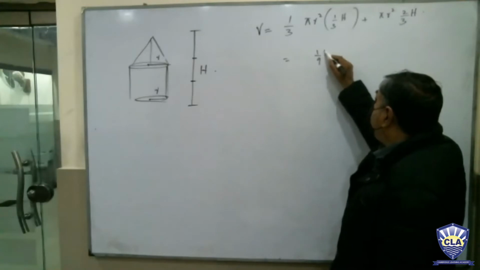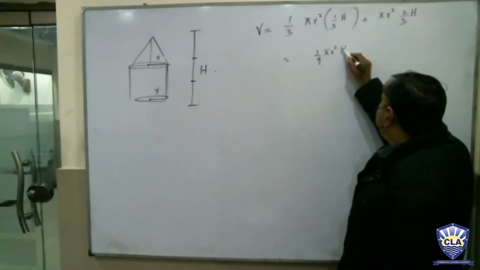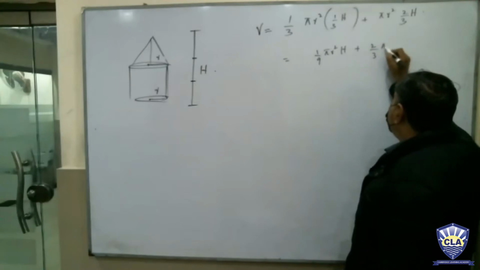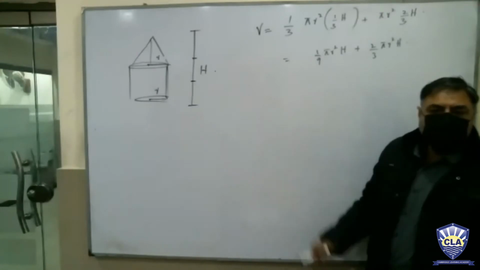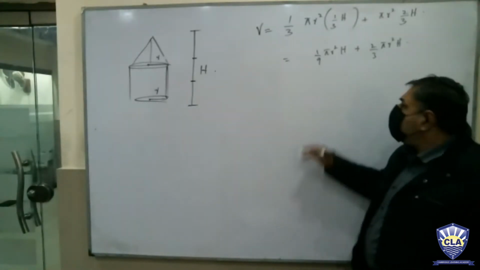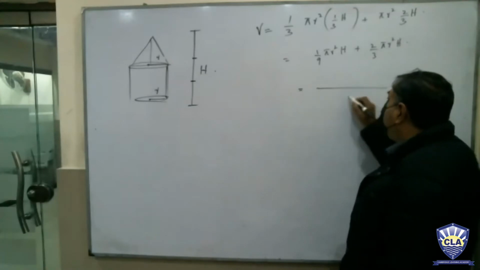1/9 pi r square capital H plus 2 by 3 pi r square capital H. Now take the LCM. What will be the LCM? 9 is the LCM.